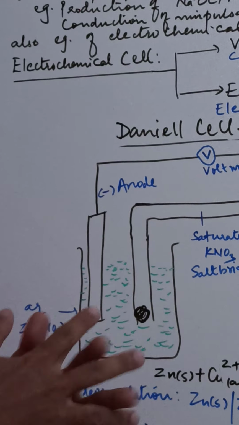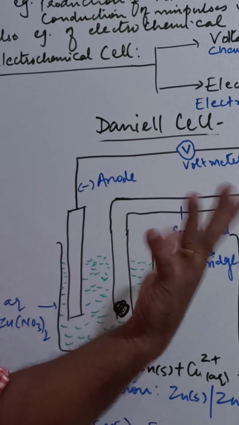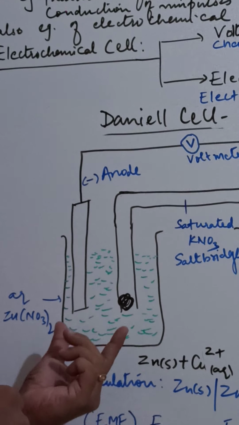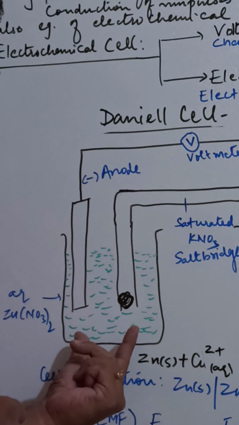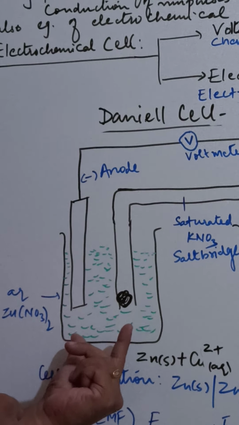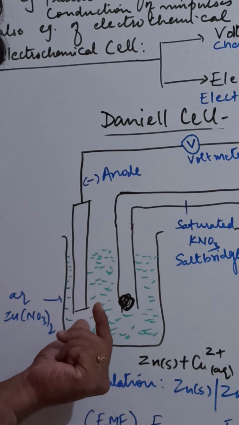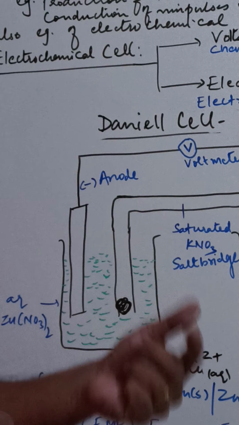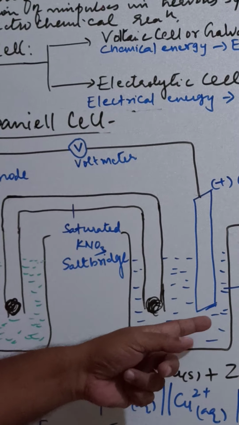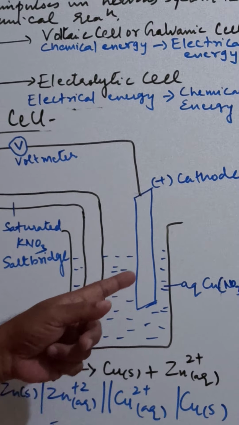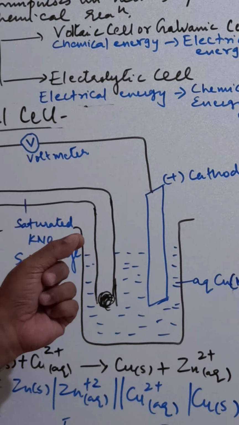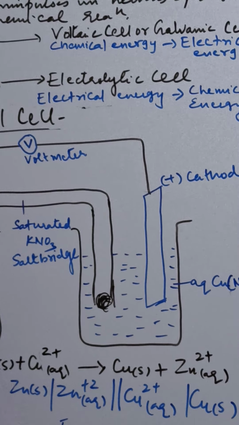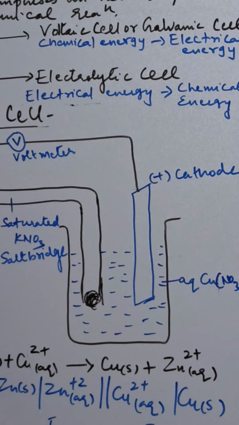Now there are two compartments, or you can say there are two vessels or two beakers. The first beaker, the beaker to the left hand side here, contains zinc electrode which is acting as anode. To the right we have cathode where copper is acting as cathode.